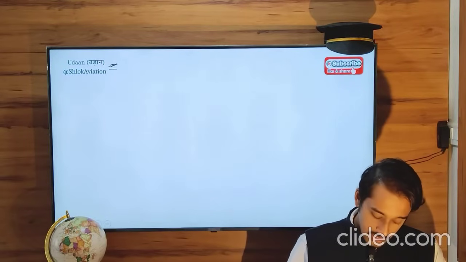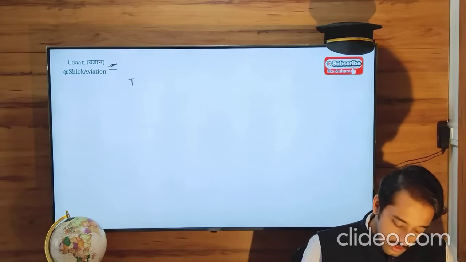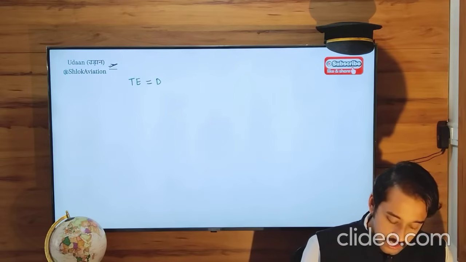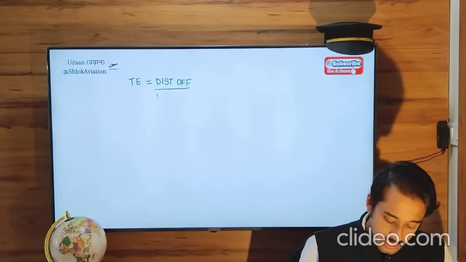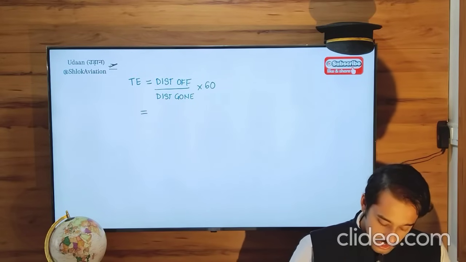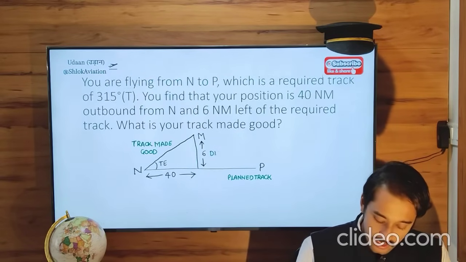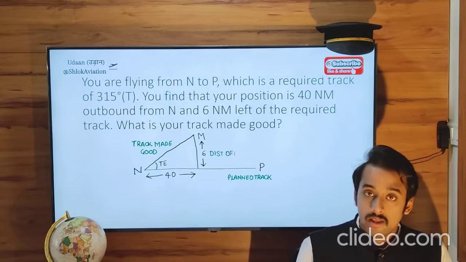So track error angle is distance off track divided by distance gone, into 60. What is distance off track? It is 6 nautical miles.